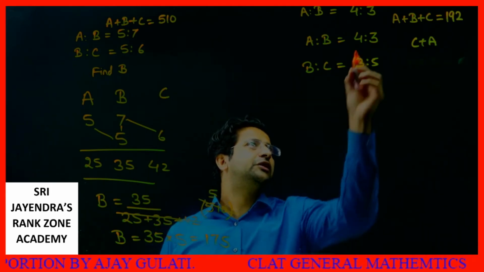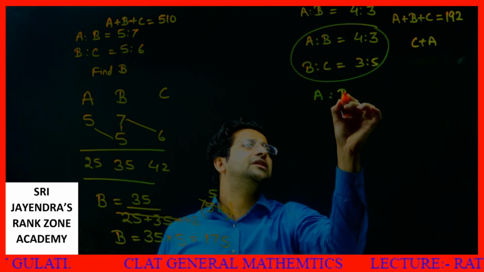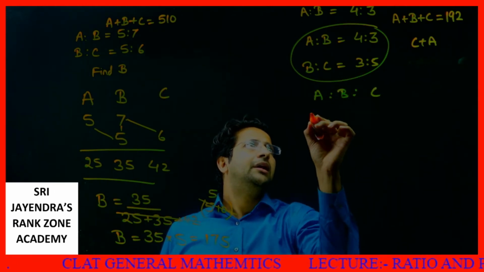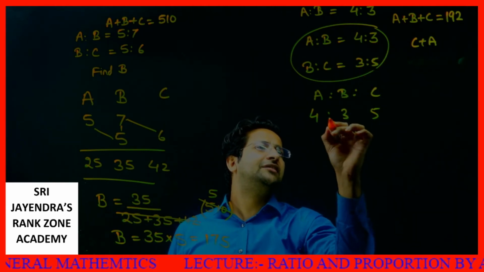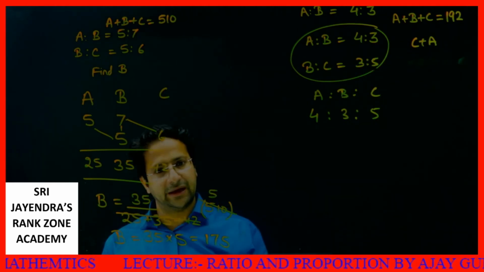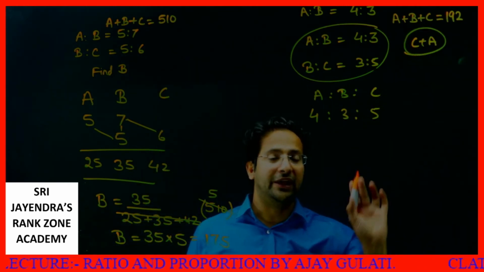See students, first of all, this question becomes a bit easy. Why? Because B is common, here A is to B is 4, 3, and this 3, 5. Directly I can say this is the ratio 4, 3, 5. Now we need C plus A. How will I do it directly?